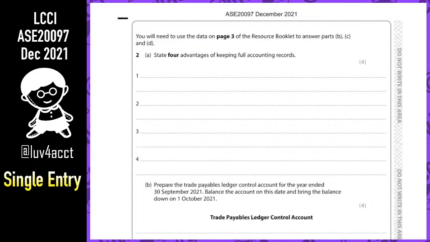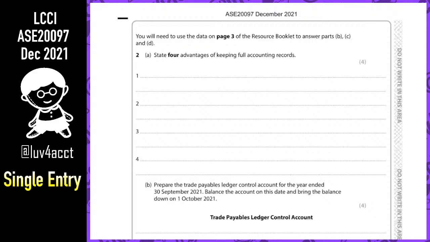But for double entry accounting, full accounting records, you have a trial balance. You have the ledgers. Modern accounting always uses double entry, a very simple yet effective way of recording all the things you need to know about the financial status of your company.